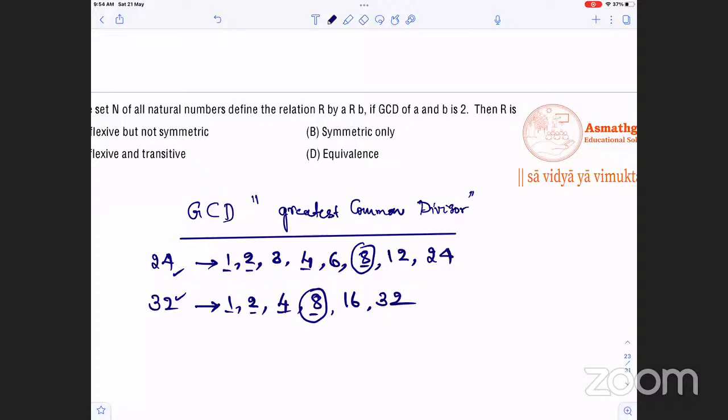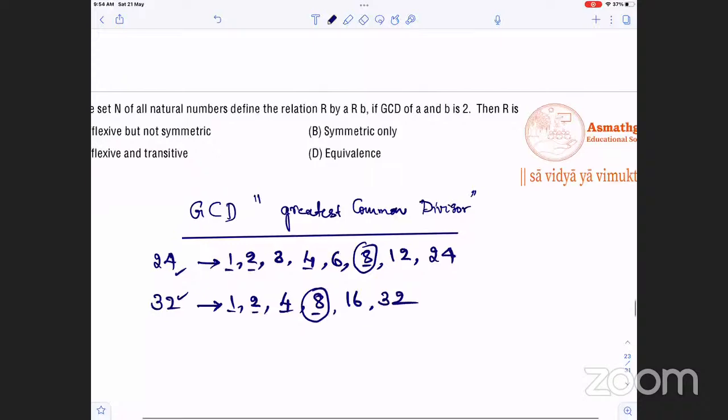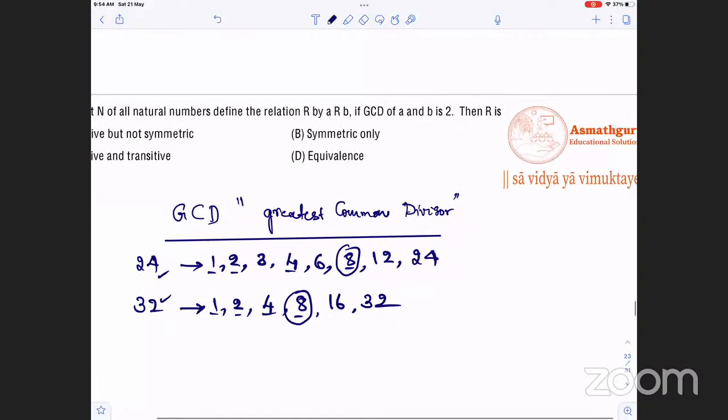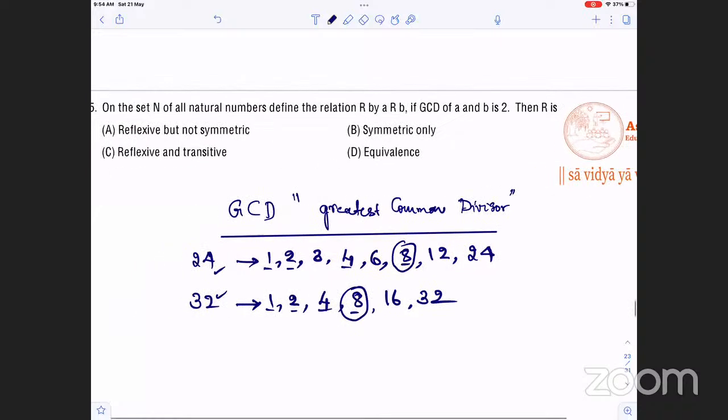So this 8 we call the GCD. Now the question: if the GCD of a and b is 2, then R is reflexive but not symmetric, symmetric only, or reflexive and symmetric. The GCD of 24 and 32 is the same as the GCD of 32 and 24. So it is symmetric.